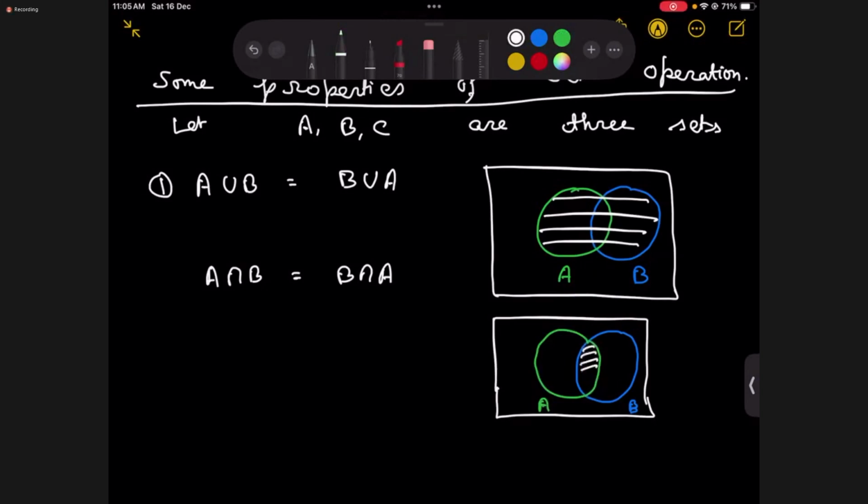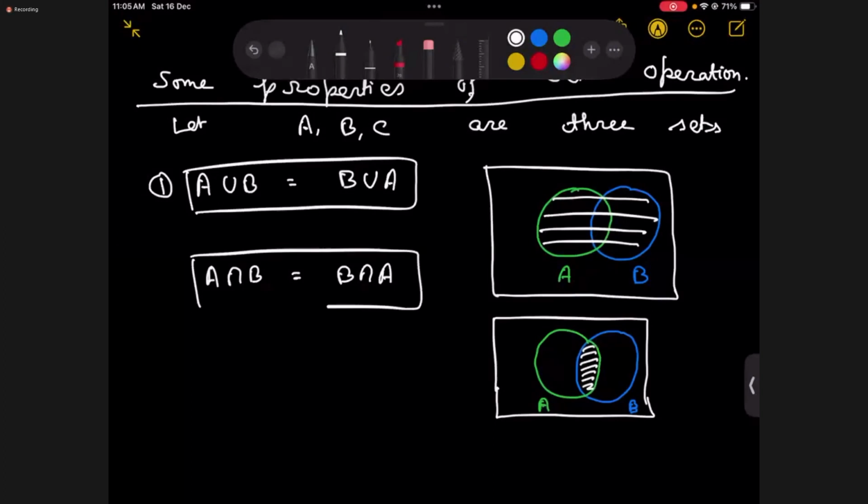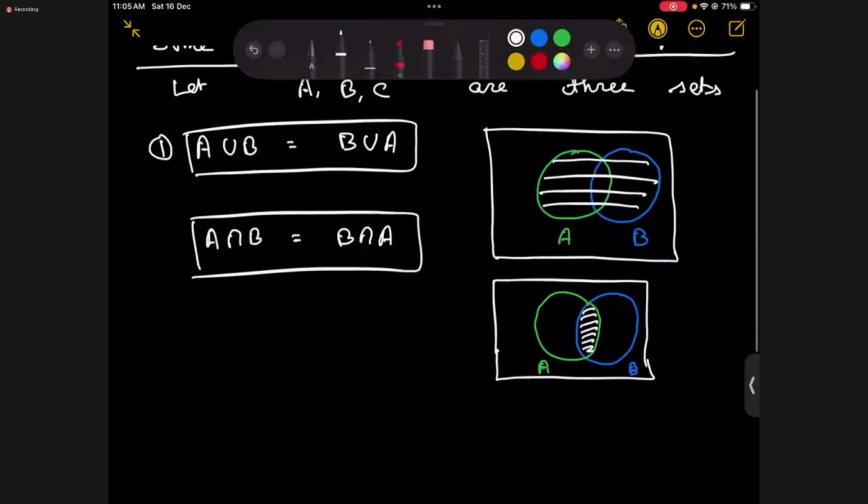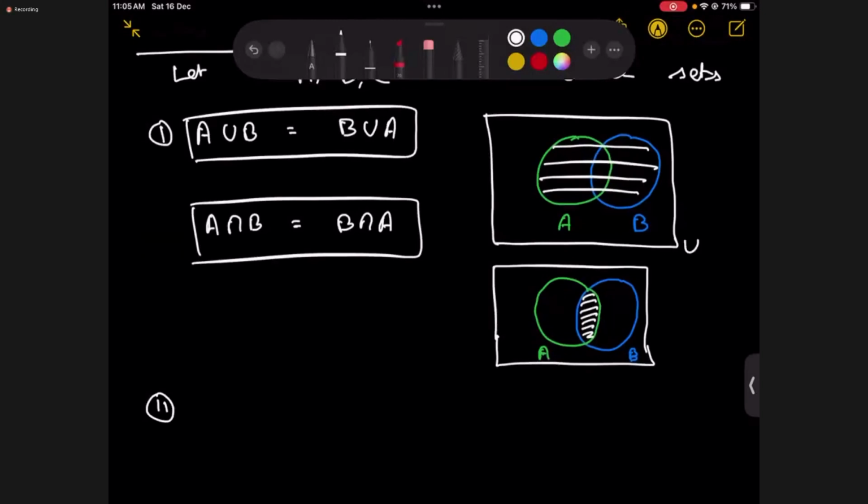So this is A intersection B, and also B intersection A. These two are the same, clear from the Venn diagram. Now note that this square box represents the universal set. We have already discussed the universal set in the last class.